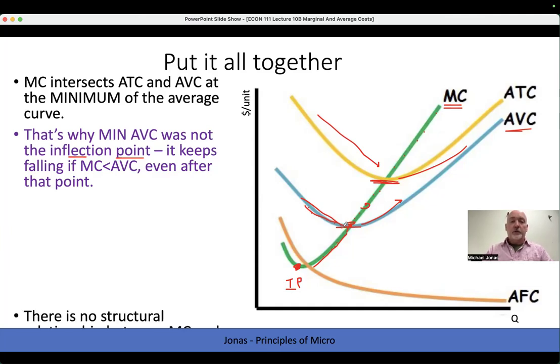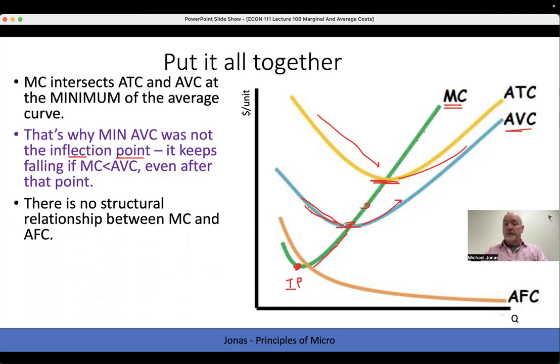Related very much to labor productivity and diminishing returns, but the shape dictated by its relationship with the marginal. And no, we're kind of ignoring the average fixed since that has nothing to do with the marginal cost and labor productivity. There's no structural relationship between those two. In other words, on a quiz or an exam, you can kind of draw those however the numbers dictate. Don't have to worry about finding any specific intersections.